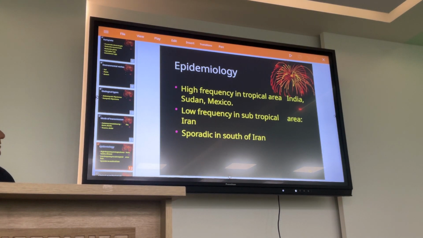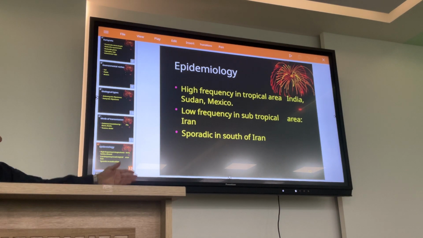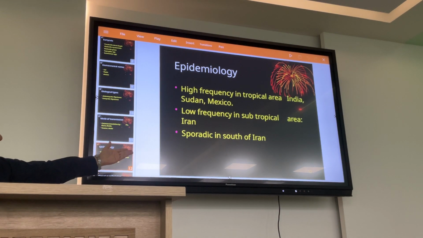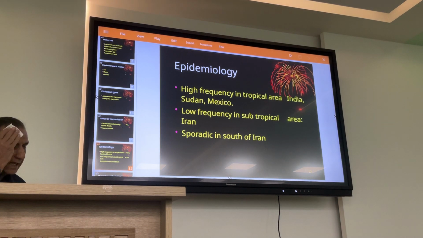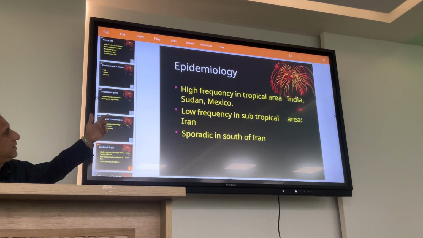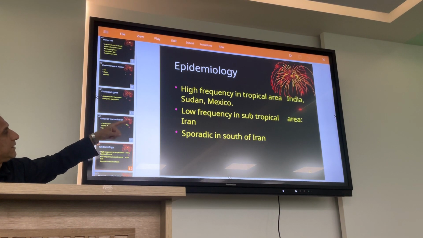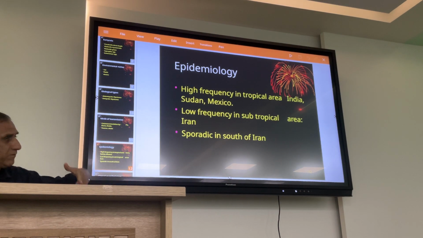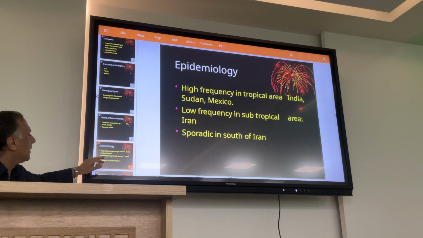But in some countries, like your country Iraq and Iran, there is a sporadic number of infections, low frequency. In the Middle East the frequency is low, but in some countries, in Africa, India, Mexico, and Brazil, we find a high number of infections.